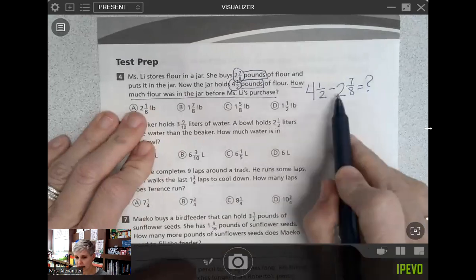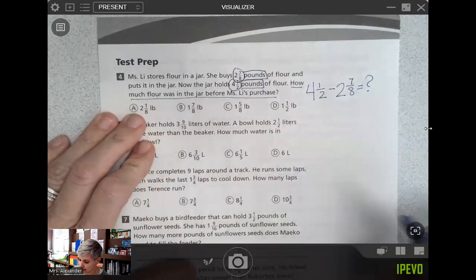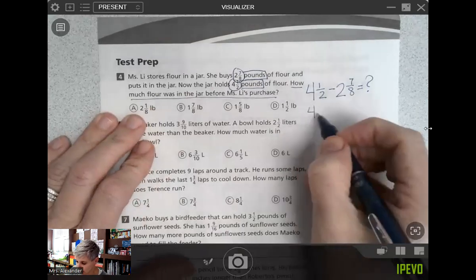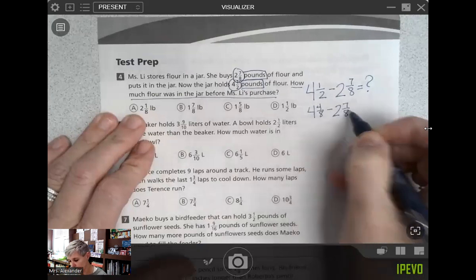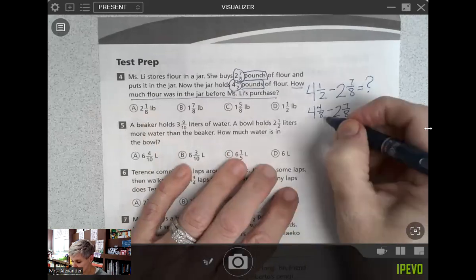I have 2 and 8 for a denominator. I'm going to change my lead fraction to 8ths. 4 4/8 minus 2 7/8. Well, I'm going to have to do a little bit of work. Let's do the Columbia C on this one.